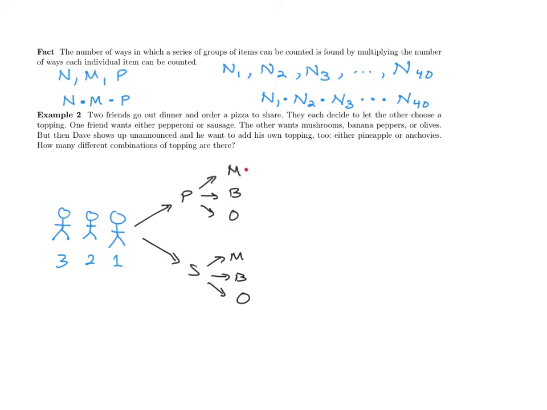But now we have 6 choices because it was 2 times 3. Dave has 2 possible choices in this third category, meaning for each one of these spots, we can branch off into 2 directions.